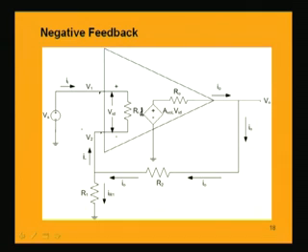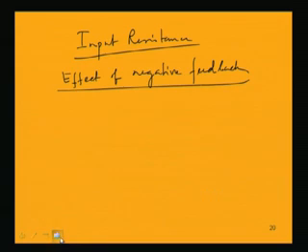It will simply be Vs by Ii. Vs by Ii, the input voltage divided by the input current, gives the input resistance of this whole circuit, which is actually Ri. In order to find Vs by Ii, we first have to find Ii.